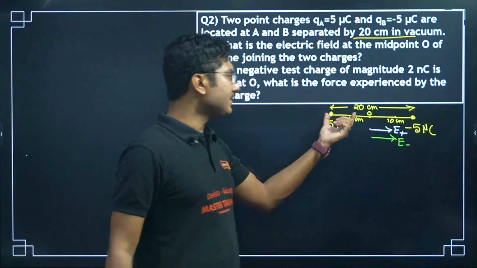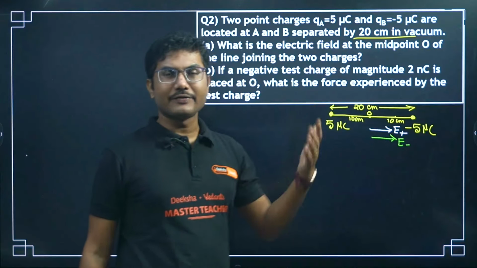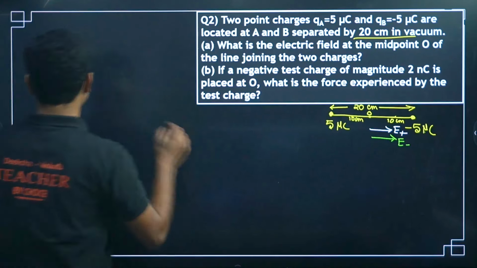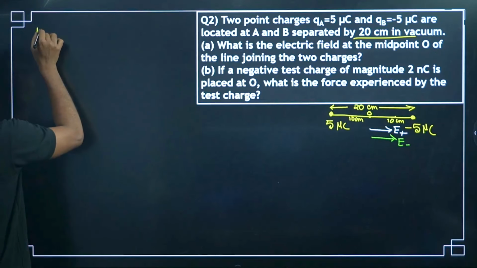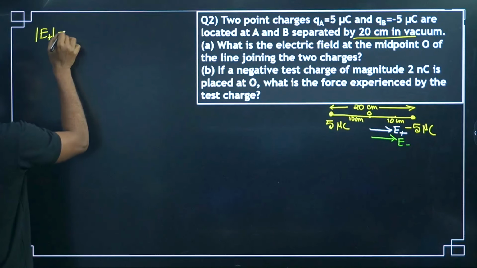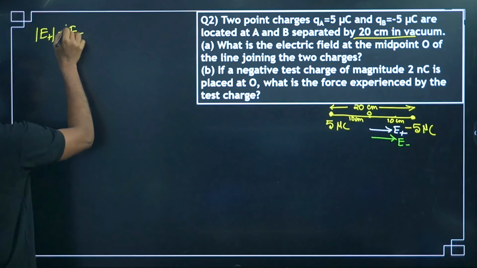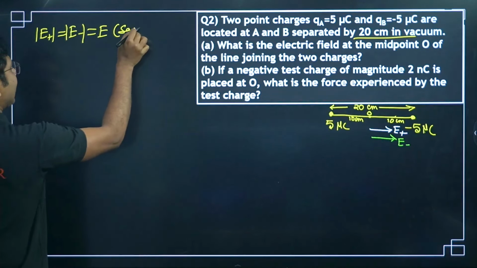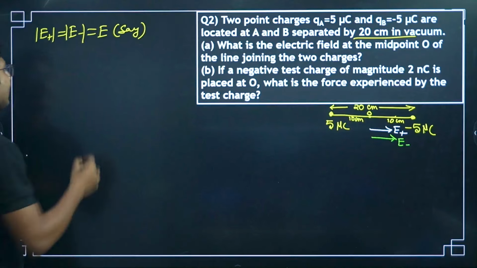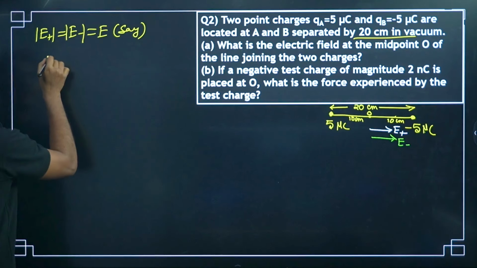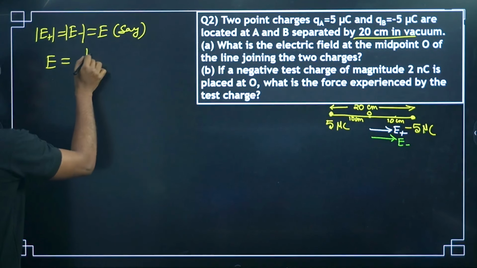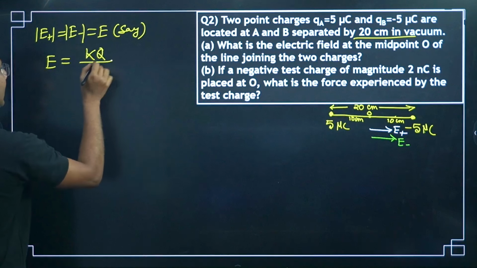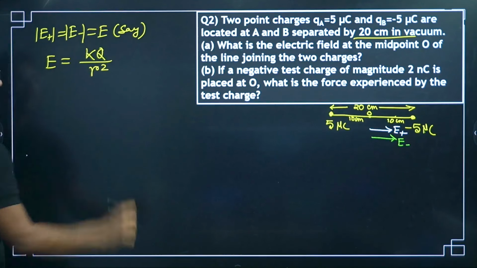So same distance and same charge magnitude, so the electric field's magnitude will also be the same. So we can write E plus equals E minus equals E, magnitude wise it will be the same. So E is basically KQ by R square, as simple as that.